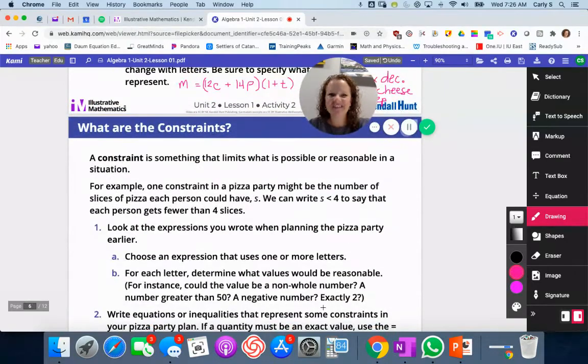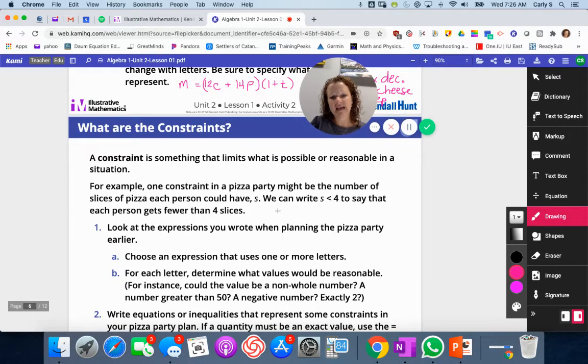All right, a constraint. This is a very important vocabulary word. It is something that limits what is possible or reasonable in a situation. For example, one constraint in a pizza party might be the number of slices of pizza each person would have. We can say that S is less than 4 to say that each person gets fewer than 4 slices.